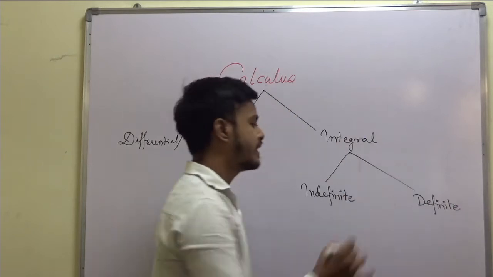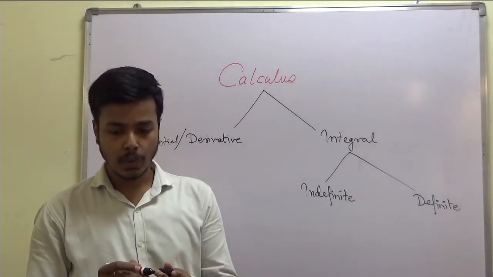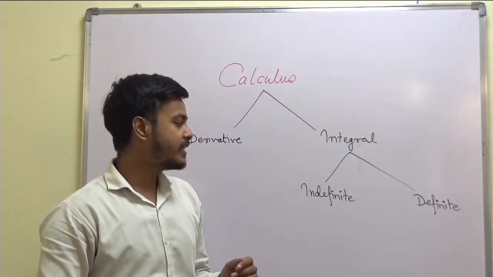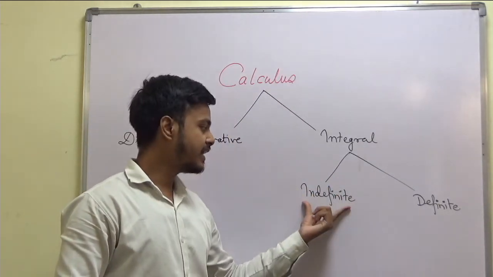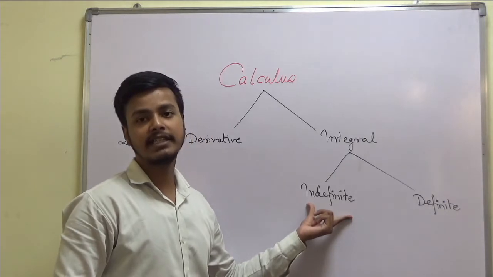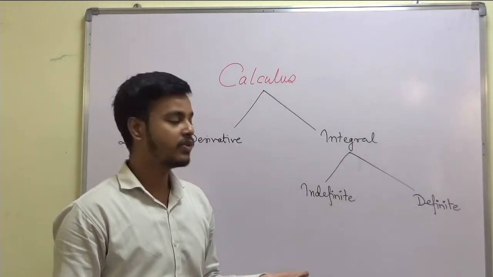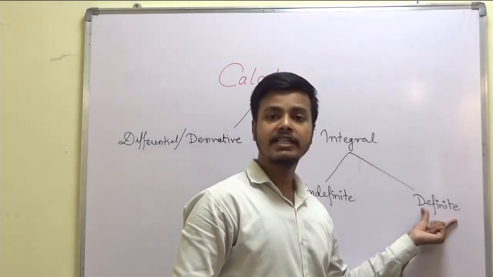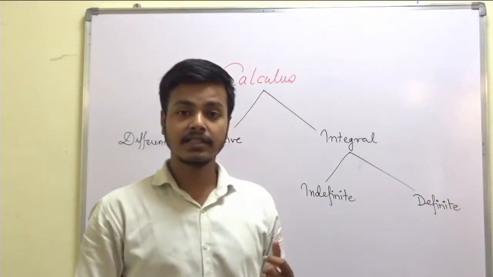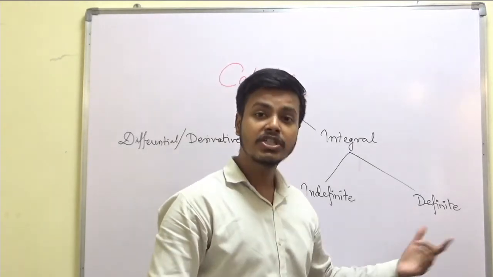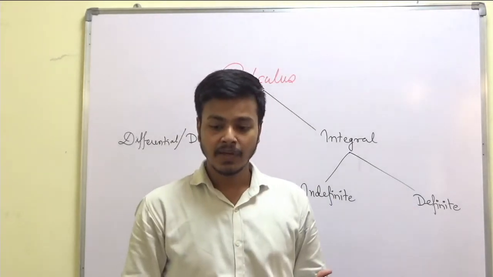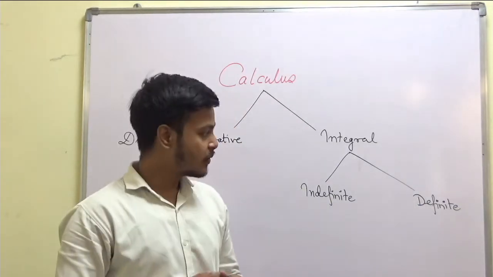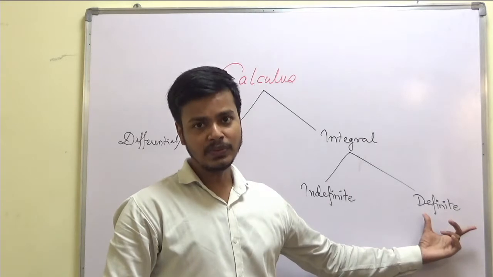Okay, so in a very quantitative manner, you can say that an indefinite integral is the integral which gives us a function, whereas a definite integral is an integral which gives you a number, and it represents the area under the curve. So that is what we are going to learn.